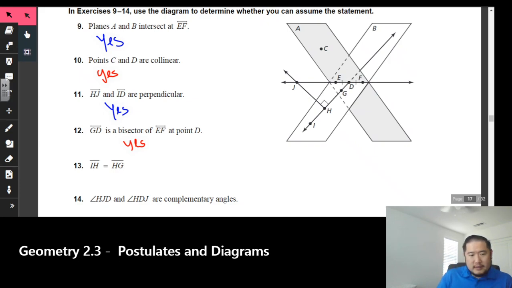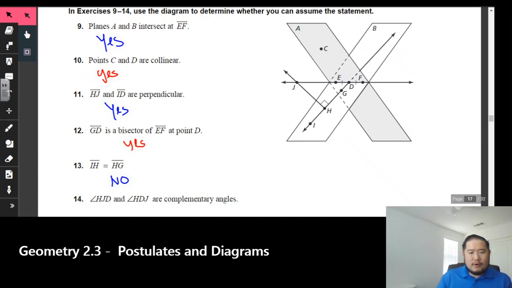Number 13, we have segment IH equal to segment HG. That's a big no. Remember, they don't have any symbols to show that. If they had the congruent symbols like ED and DF, those 2 segments, then we could make that statement. Can't do that right here.